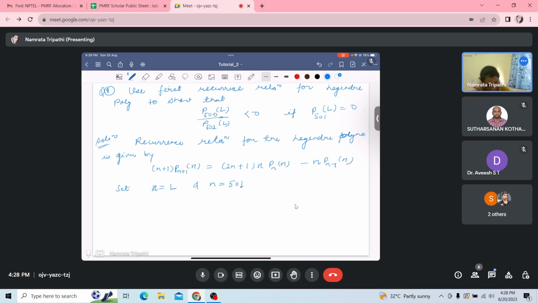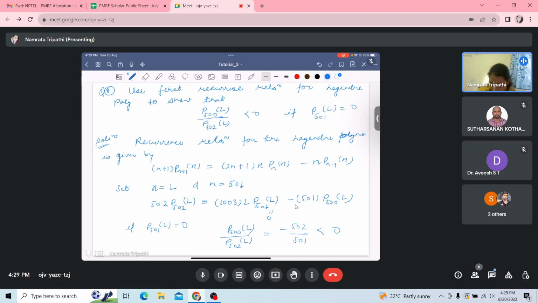Then the relation becomes 1003 L P501 of L minus 501 P500 of L. We have P501 of L is 0, so this will become 0. You can get the result, which is less than 0.